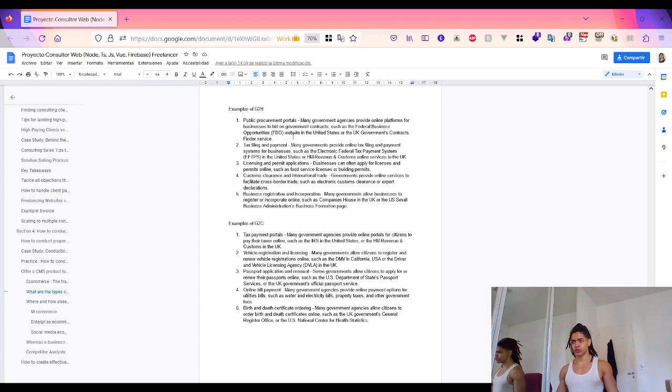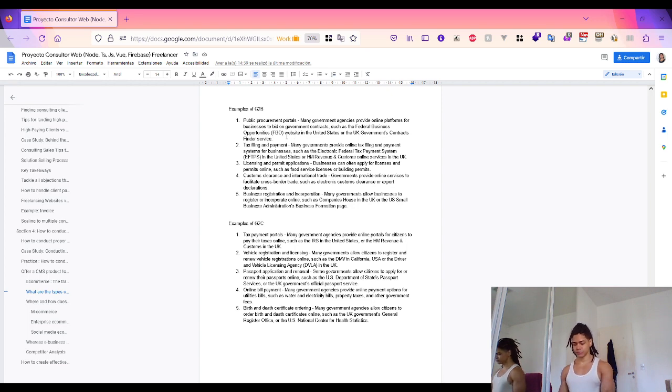Okay, so the next is customs clearance and international trade. And customs clearance in Spanish is aduana. Despeje personalizado o despacho personalizado.